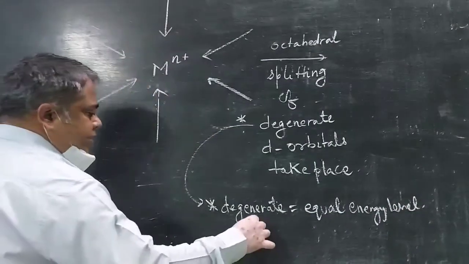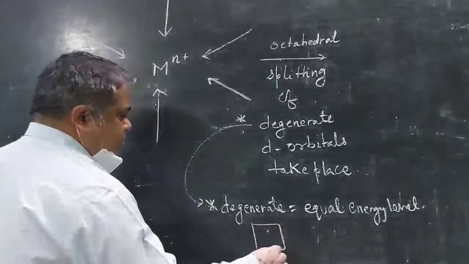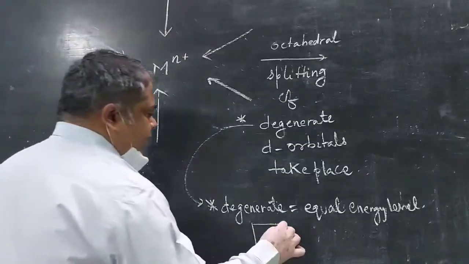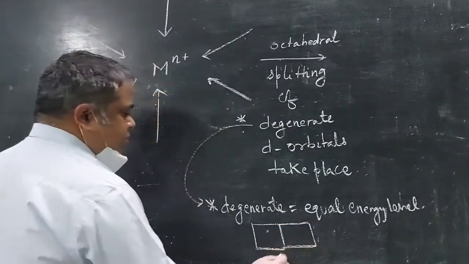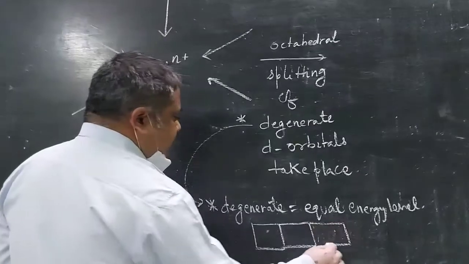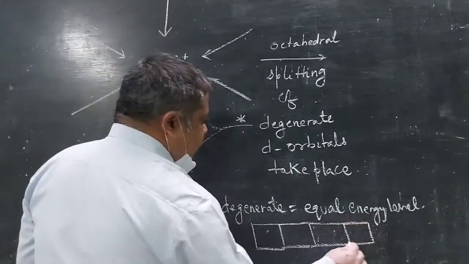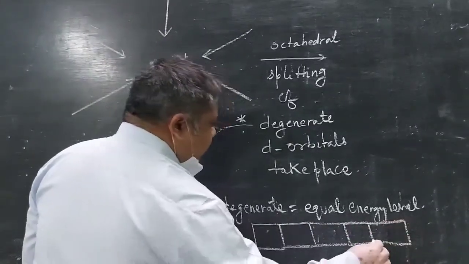We know that there are 5 sub-orbitals in d orbital: dxy, dyz, dzx, dx square minus y square, and dz square.